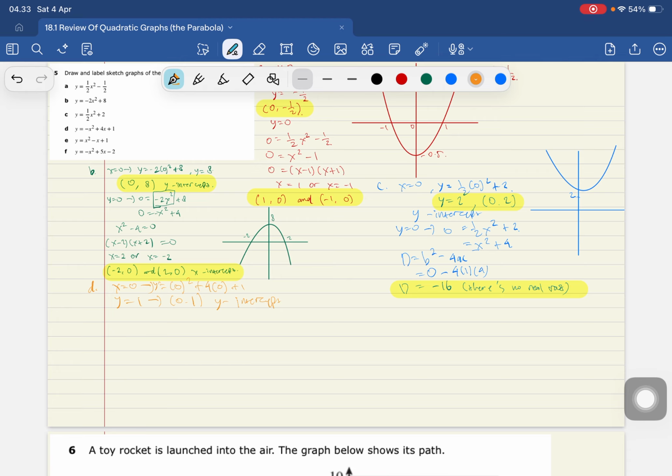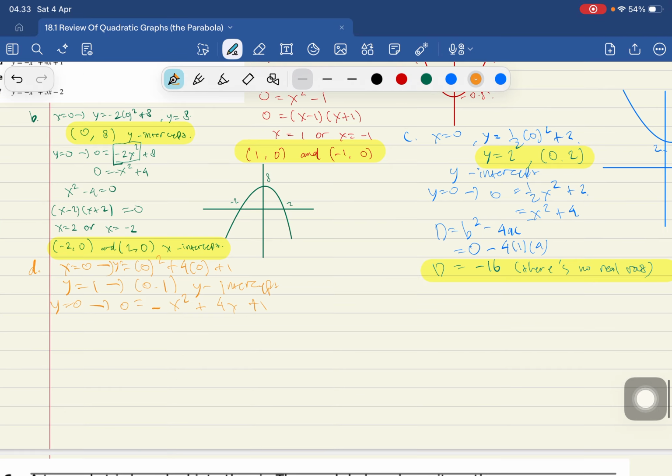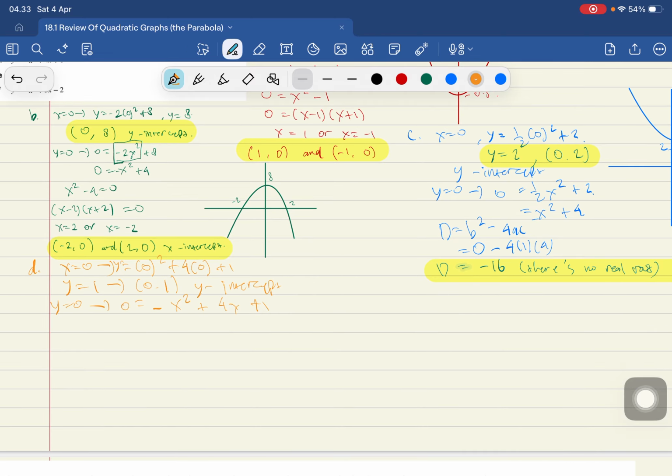Let's find the x-intercept when y equals 0. So 0 equals negative x squared plus 4x plus 1. Let's rearrange it: x squared minus 4x minus 1 equals 0.